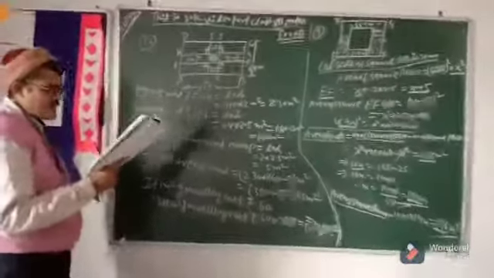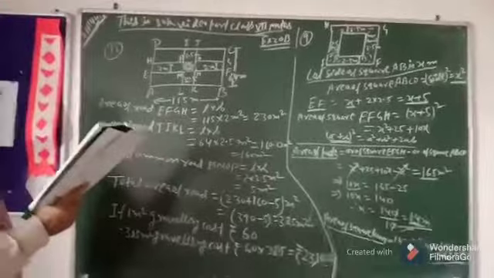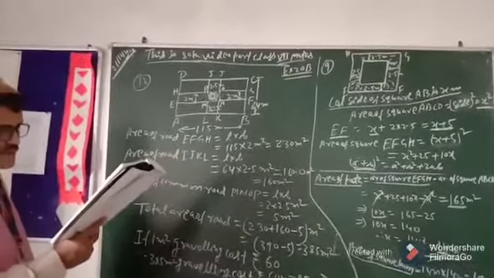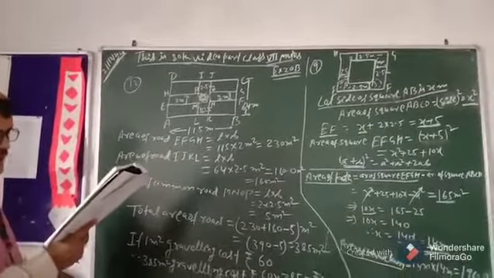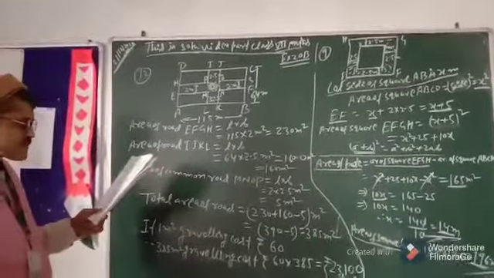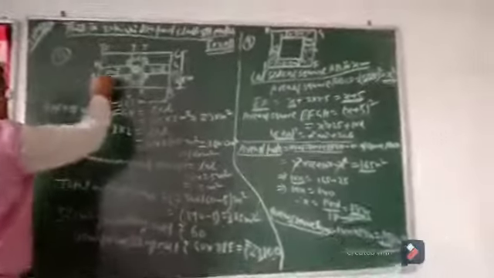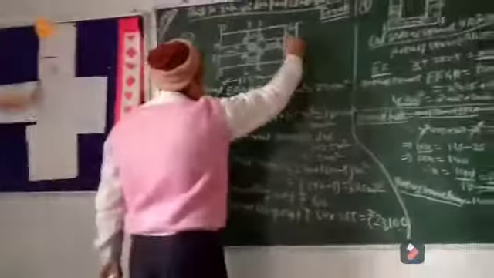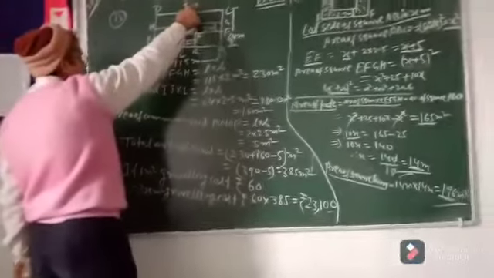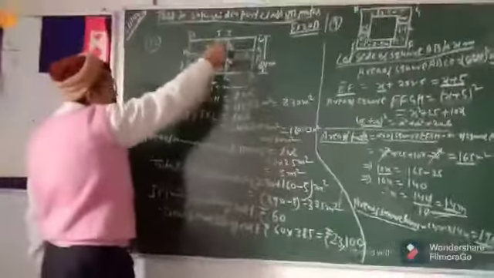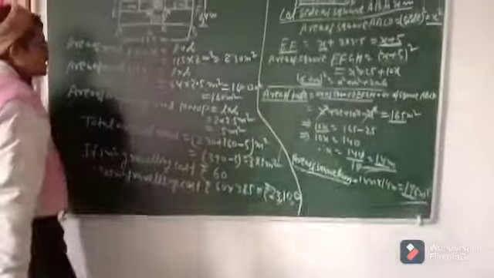Now question number 12. All of you understand, a 140 meter long and 60 meter broad lawn has two roads at right angle, one 2 meter wide running parallel to its length, and another road 2.5 meter wide parallel to its breadth.